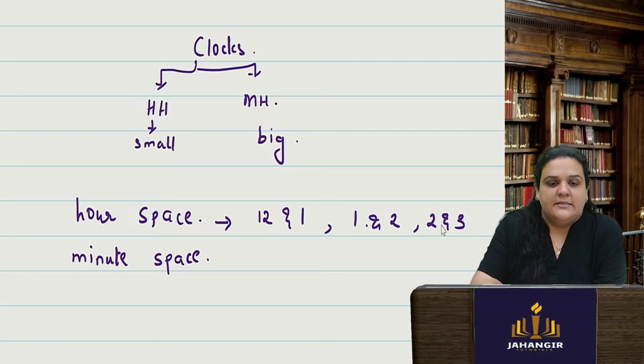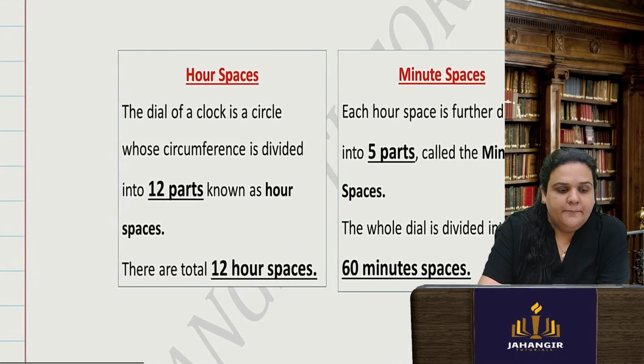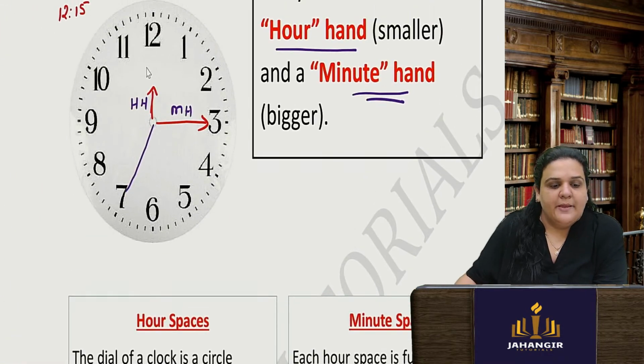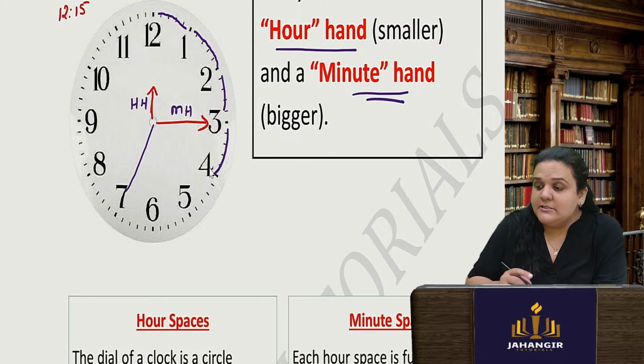On my clock, the space between 1 and 2, or between 2 and 3, or between 3 and 4, is known as the hour space.